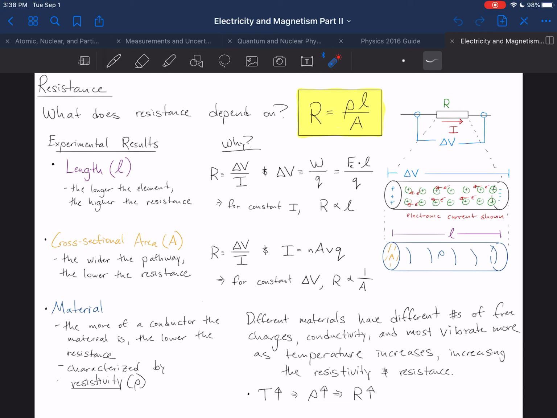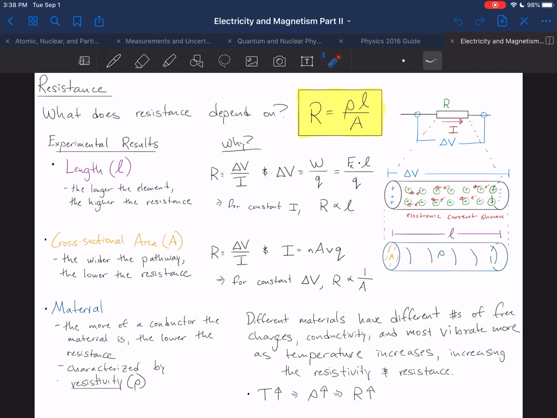All right, cross-sectional area. Same kind of idea. We're going to unpack this formula a little bit. We say that R is defined to be delta V over I, but we have another formula for the electric current as it relates to the drift velocity.